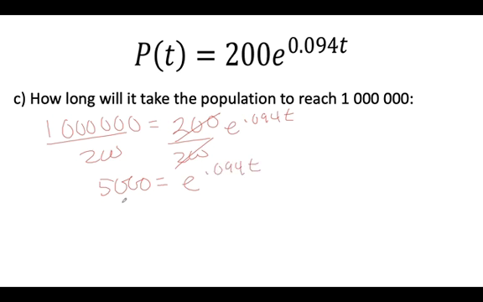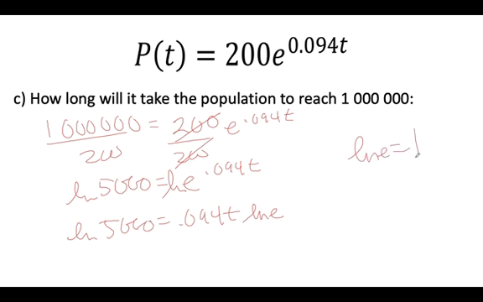e to the 0.094t. Same thing, I'm going to impose a ln on both sides. I'm going to swing the exponent down, 0.094t. ln of e, again, ln of e is 1, which is great. That becomes 1. So I'm going to divide both sides by 0.094.